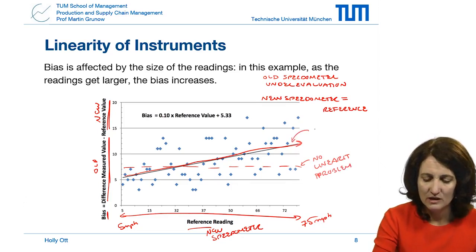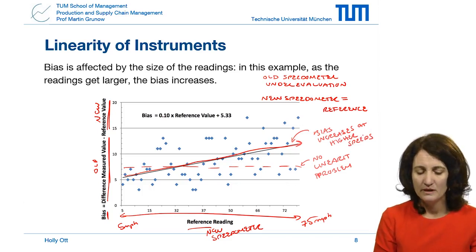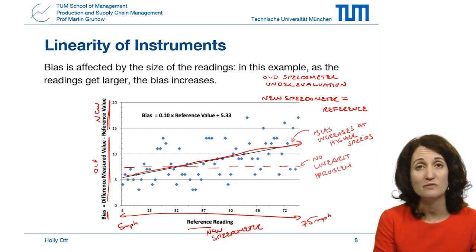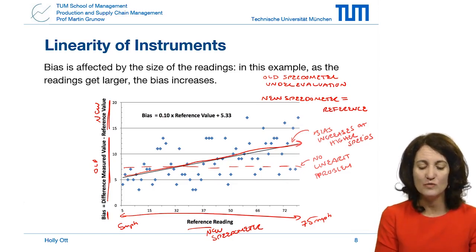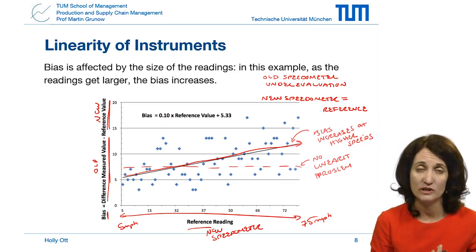But here we see the bias increases at higher speeds. So this is an example of a linearity problem. We don't have an example here, but if the variation would change with time, we would have a stability problem.